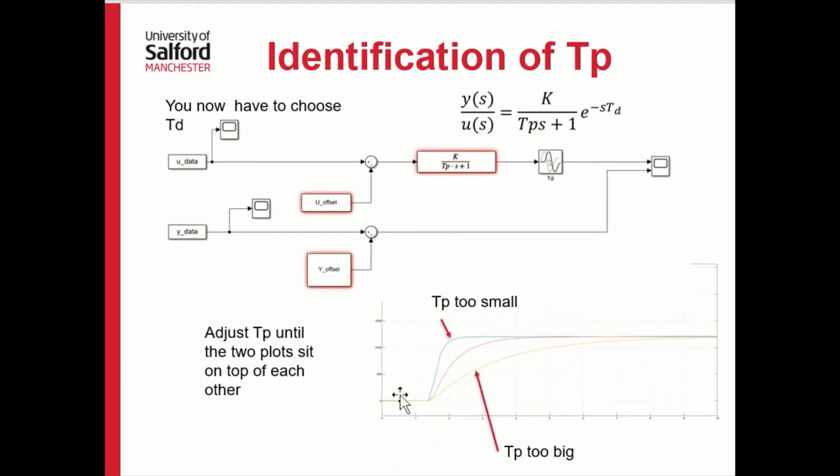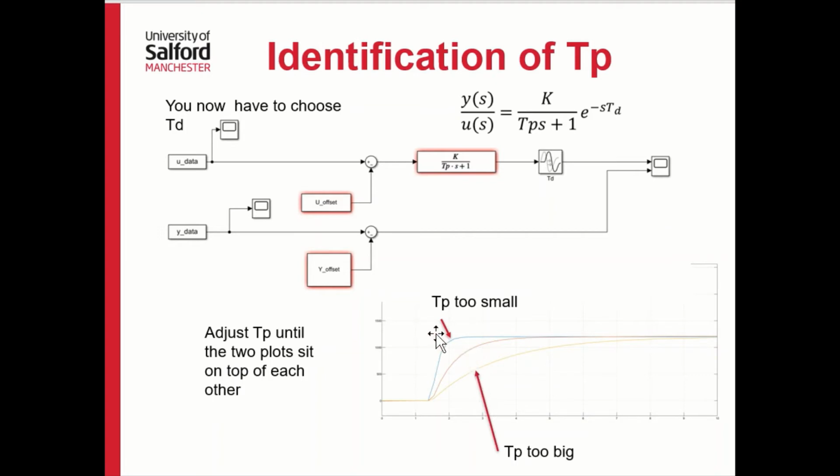So having got the TD correct now and the K correct, the last thing to change is the time constant. Now if your time constant is too big, it's going to be slow. If your time constant is too small, it's going to be fast. So adjust, this is TP too small, so let's make it a bit bigger. I'll slow it down. This one, TP is too big, so it's too slow. Make it a bit smaller and you can speed it up.